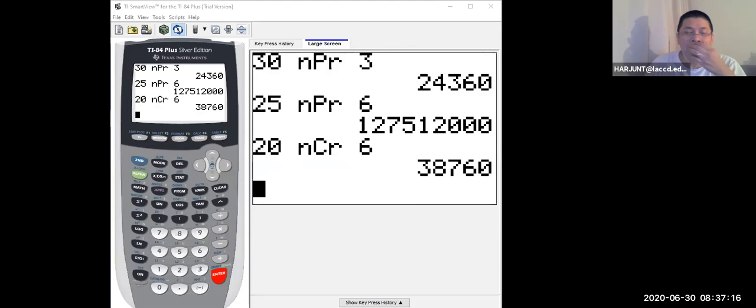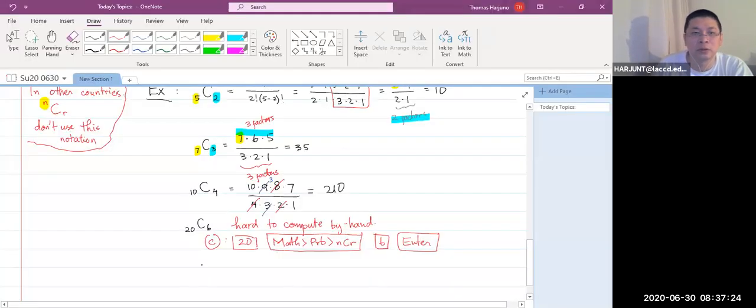We get 38,760. So 20 combination 6 is equal to 38,760.